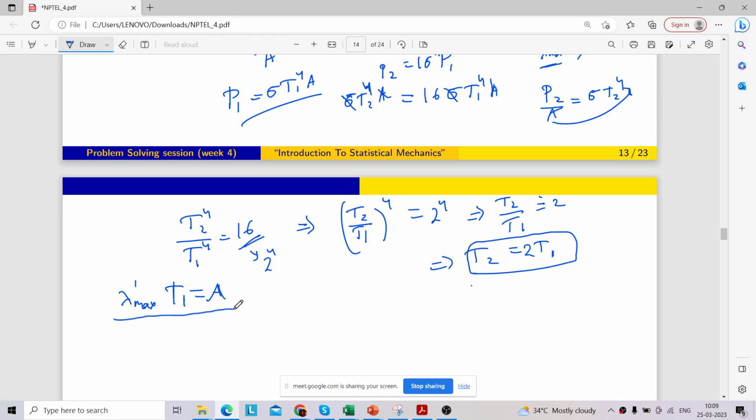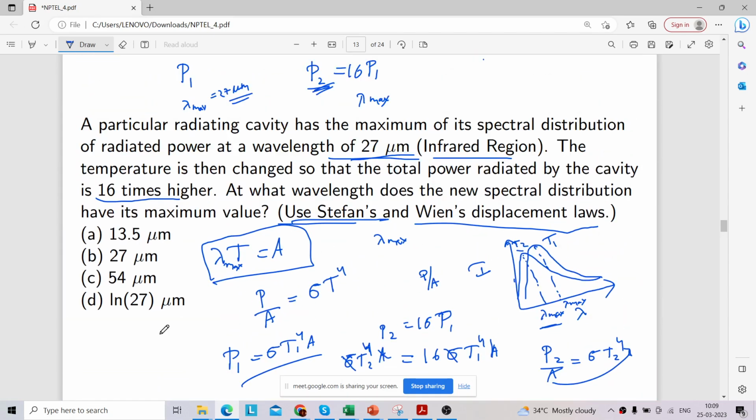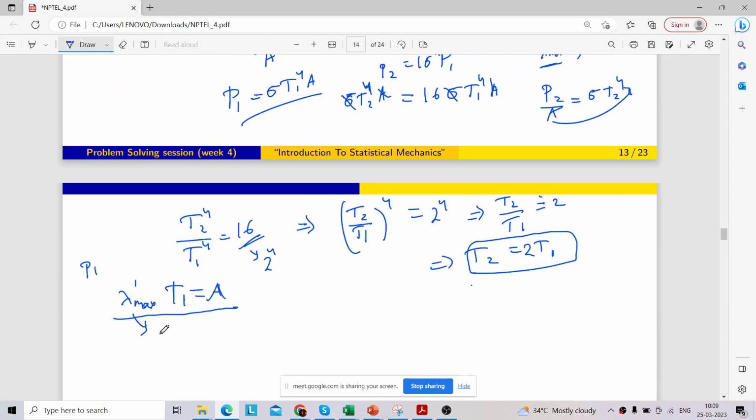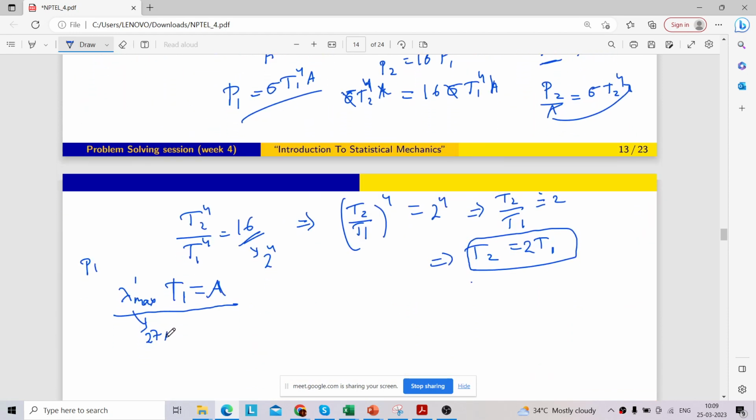So it was initially when the power was P1, and its value is also given as 27 micrometer. Now finally I'll also have some distribution with lambda max, let's denote this as lambda 2. Then lambda 2 max times T2 will also be a. So I have a which is equal in both the equations.